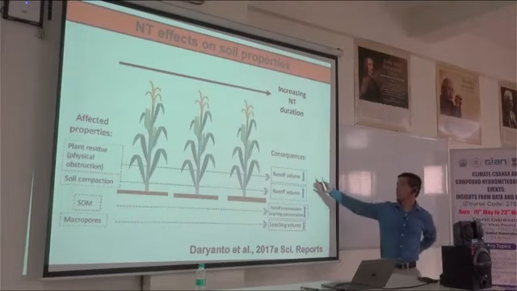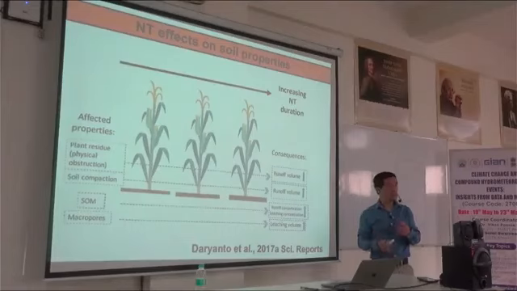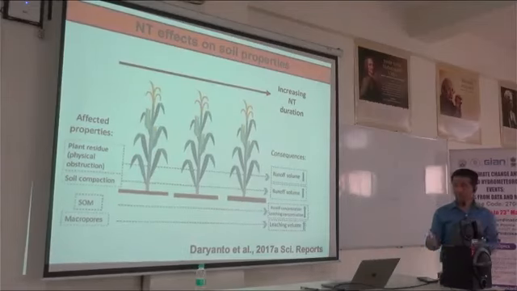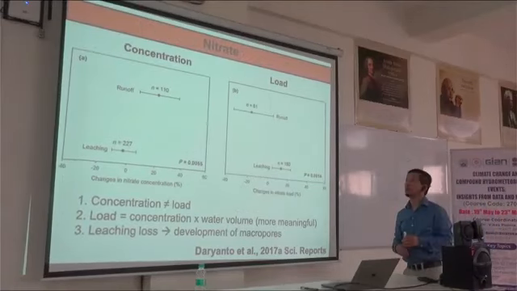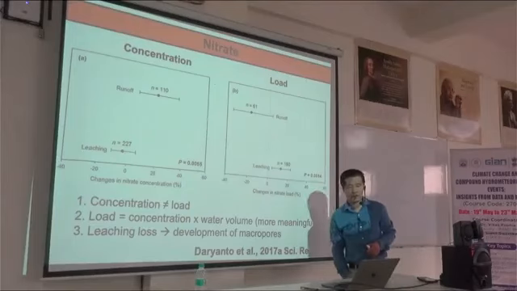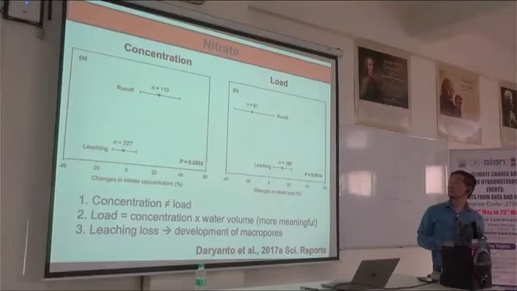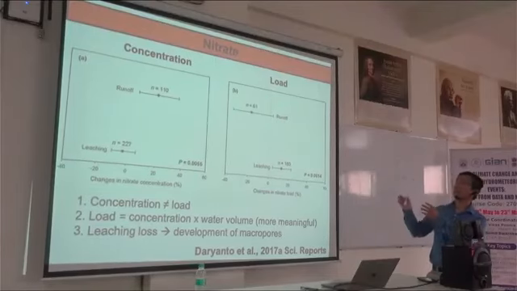So when you think about the environmental consequences of no-till, you have to consider all of them, and then ask what the net impact of no-till is. Then we can look at the nutrient impact separately. First, we look at nitrate, and then we look at phosphorus. For each nutrient species, I'm looking at both concentration and load.